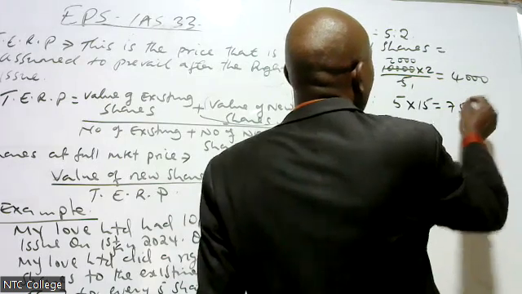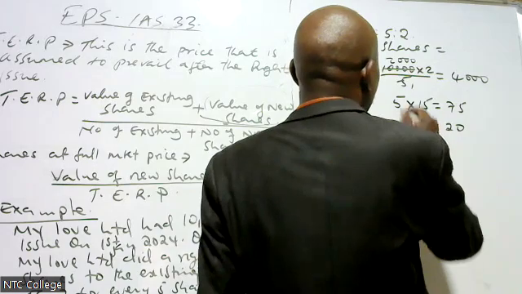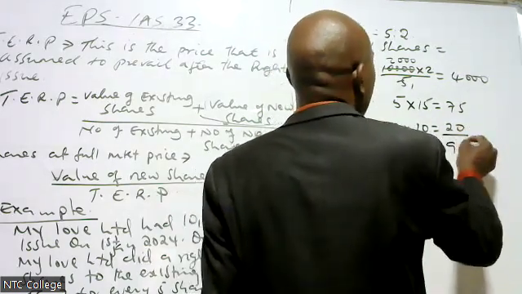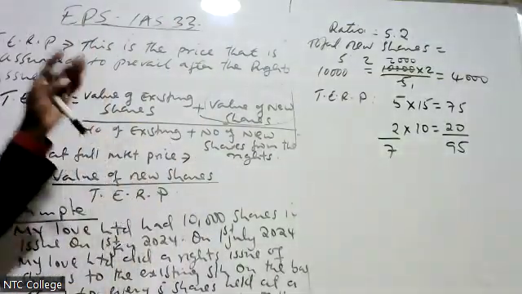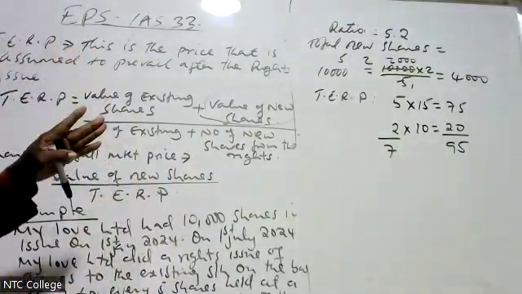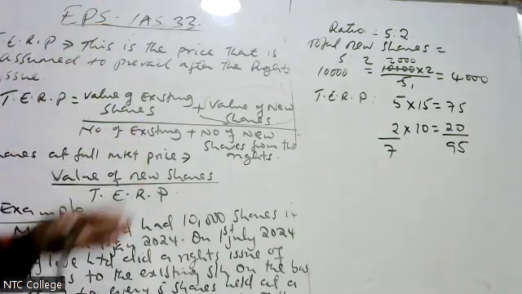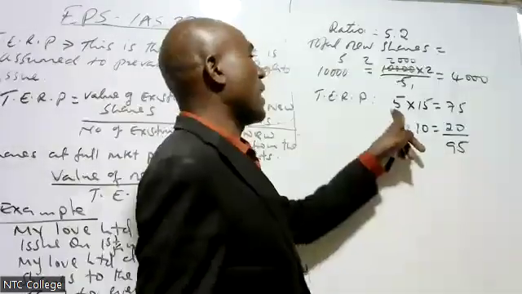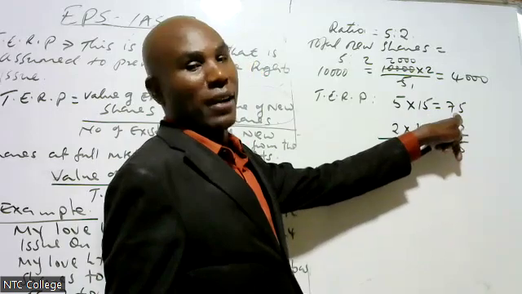This one is 75. This one is 20. Then I add. Shares is 7, the value is 95. I'm adding the total shares, 5 plus 2. The value is 75 plus 20, because before the rights I had 5 shares at shillings 15, which means the value is 75.